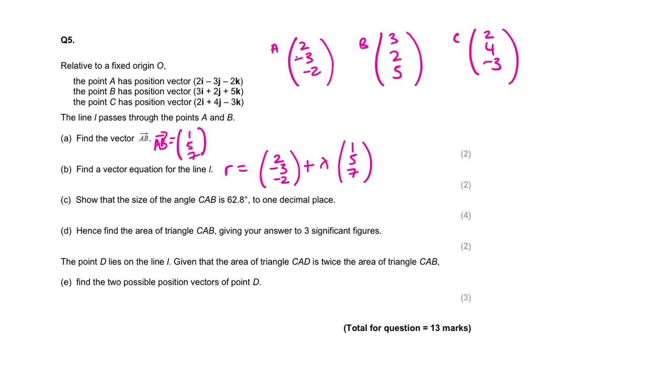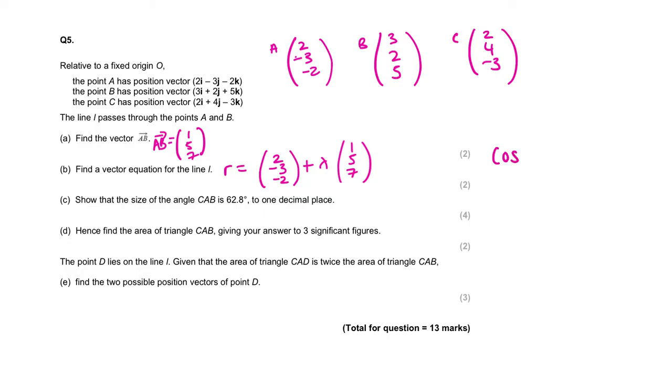We've got our dot product: the cos of the angle equals the dot product of the direction vectors over the magnitudes. So we also need the direction vector of AC. How do I get from A to C? 2 to 2 is 0, -3 to 4 is 7, -2 to -3 is -1.